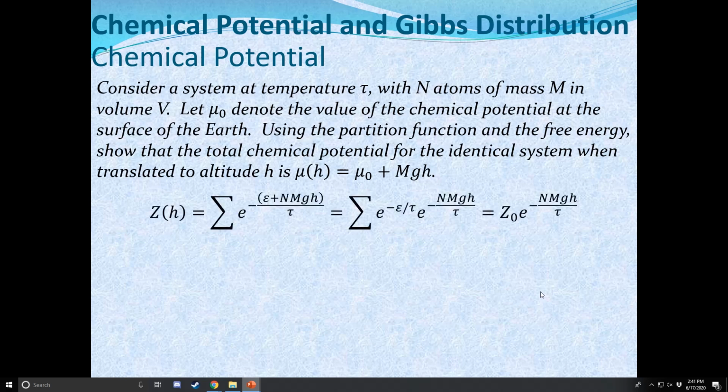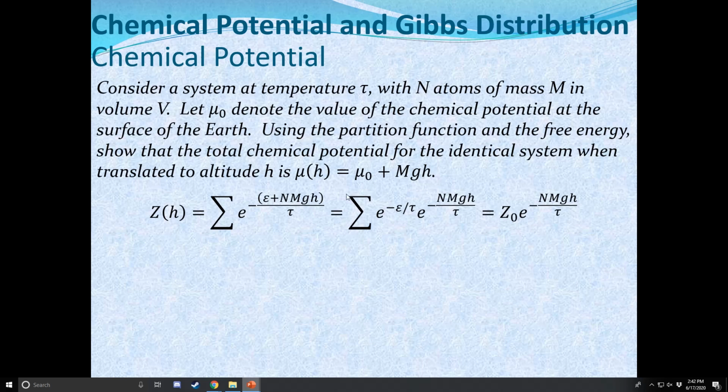So the partition function, as we know, is going to be e to the minus the energy divided by tau. Now, the energy here is made up of two parts. It's made up of the base energy that we normally have, but then also the gravitational potential energy of each molecule. So we can split the e terms to look like this.